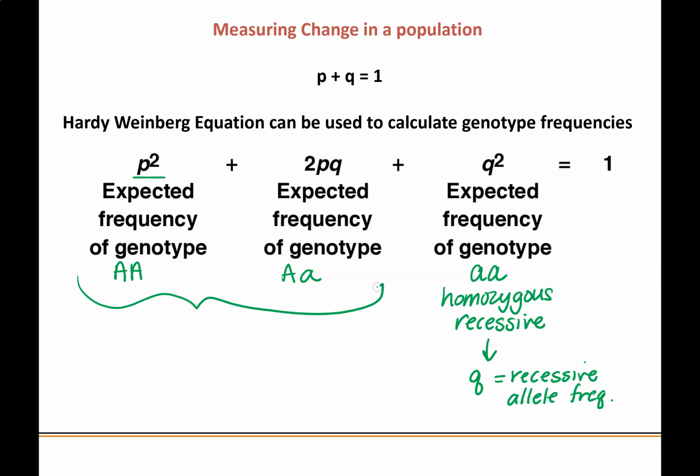If you have individuals who are showing the dominant phenotype, they have either the homozygous or the heterozygous genotype, and you can't distinguish them. So you cannot calculate P directly from your dominant individuals because you don't know how many of those individuals are actually hiding some recessive alleles. You can, however, calculate Q from your homozygous recessive genotype frequency.